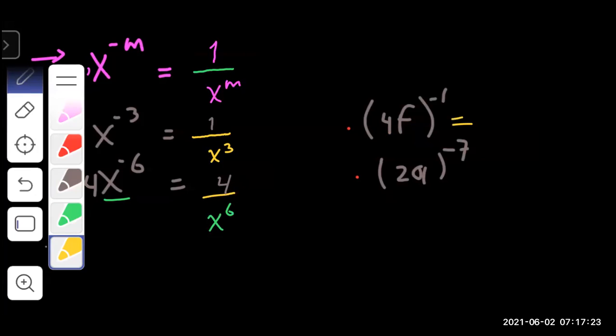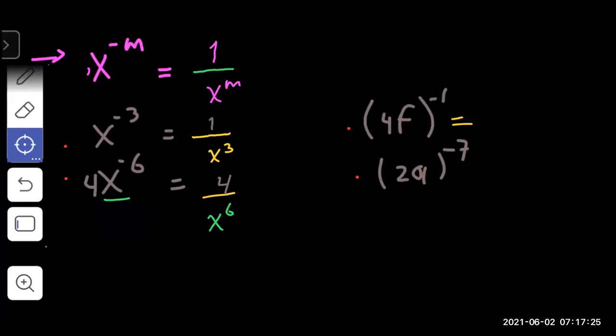Let's have another look here. We have more examples, guys, to get rid of any doubt. We have 4f raised to the -1 power. Notice something here, guys. In this case, I didn't put the 4 down because 4 is positive, and the only negative one is the exponent. However, here the parenthesis is telling me that 4 is raised to the -1 power as well as f.